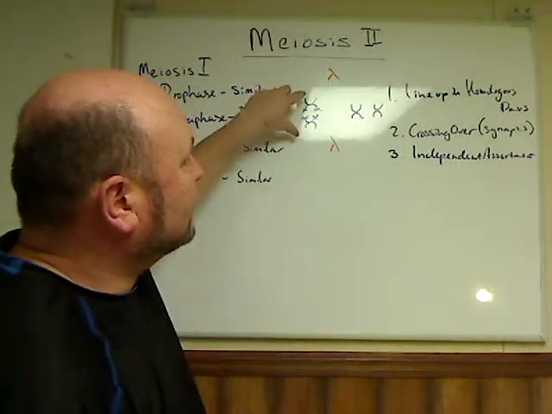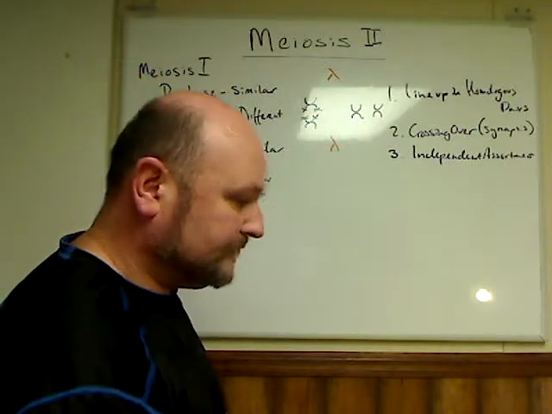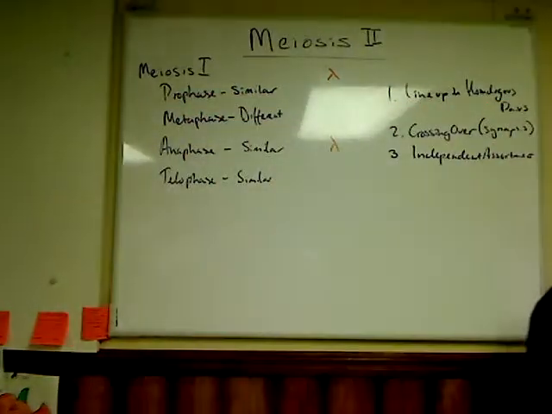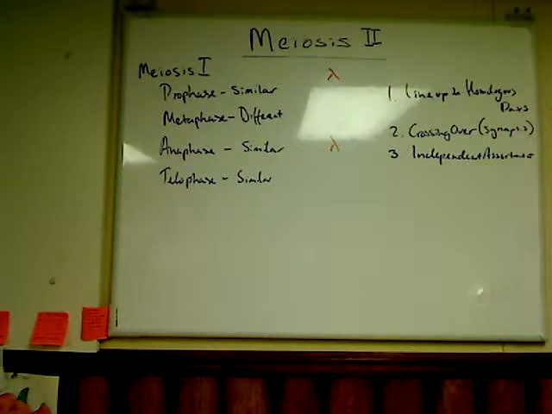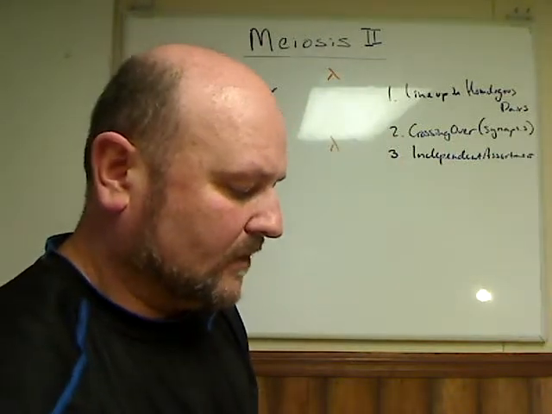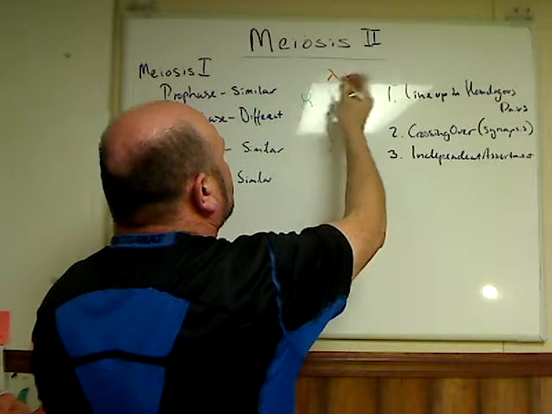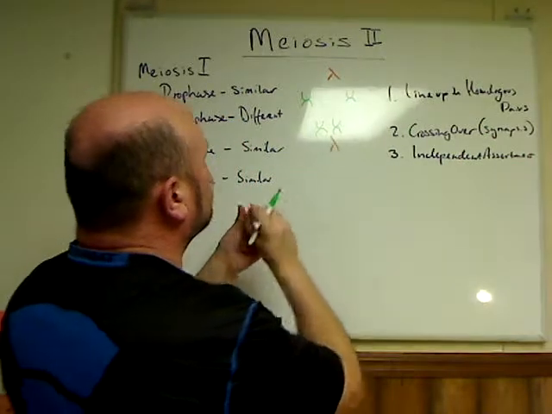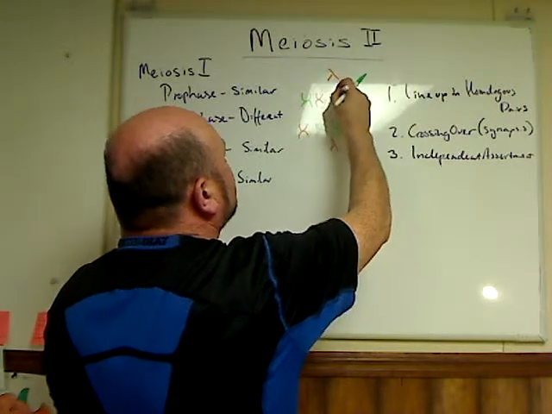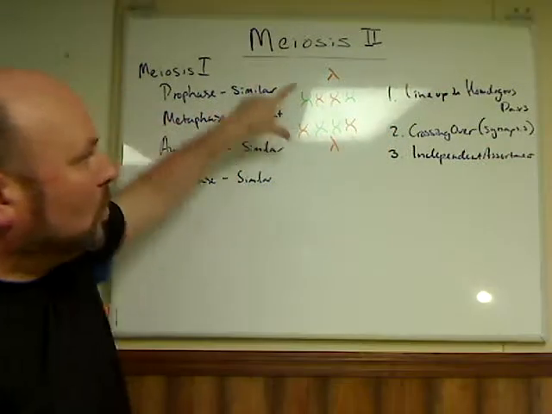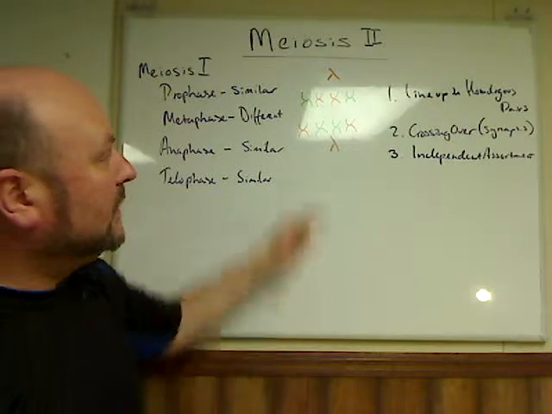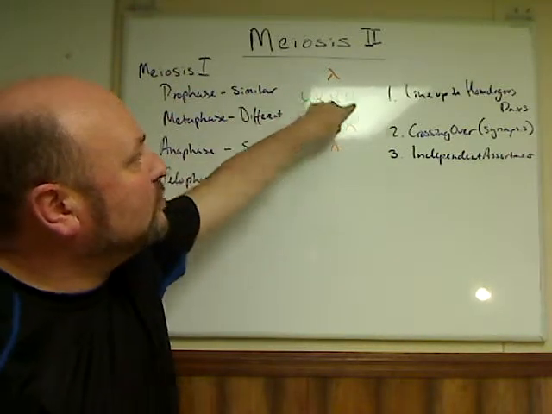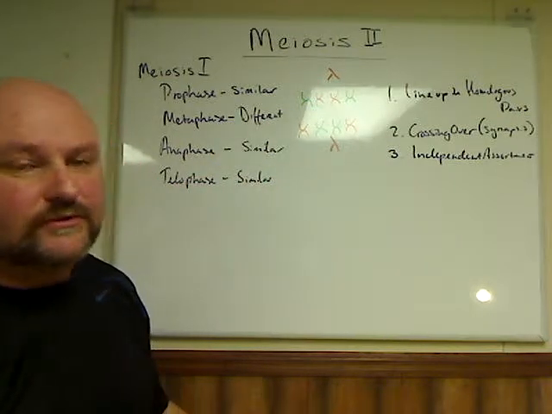independent assortment. Now that is the understanding that if I redraw this, and use green for male, orange for female, we don't know how, if this was just an 8 chromosome total cell with 4 homologous pairs, the independent assortment says we don't know which ones are going to go on the top line and which ones are going to associate on the bottom line.